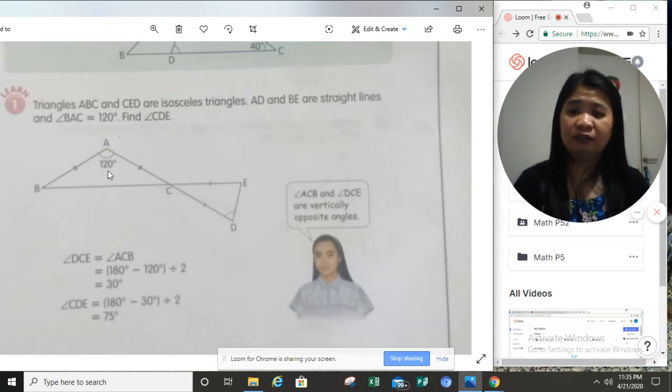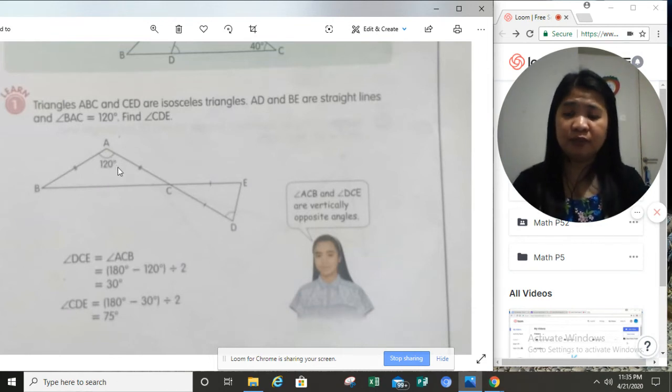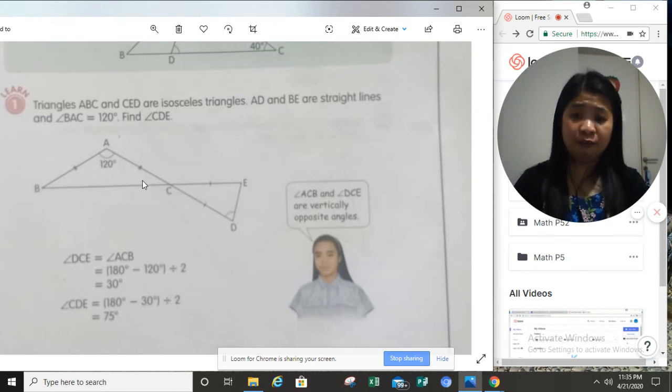What are you going to do? Our reference will be this triangle. 120 is the given one. There are two unknown angles that are not given. How do we find them? The triangle has 180 degrees for the three angles inside of it, right? When we take the sum of the three angles, it will make 180 degrees.